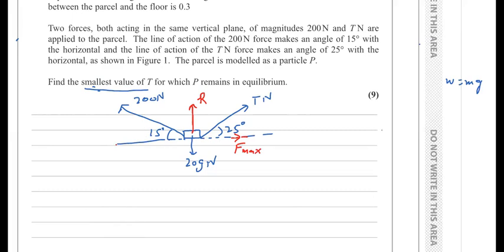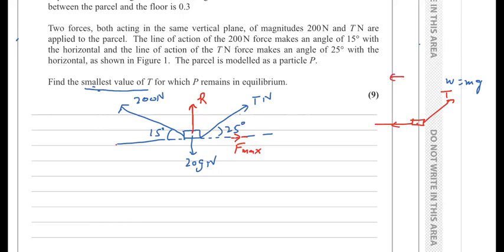Suppose here is a parcel and force T Newton is acting in this direction, and the maximum friction is directed in the other direction, then T cannot be smallest. So to make it smallest, maximum friction must be in this direction, not in that direction.